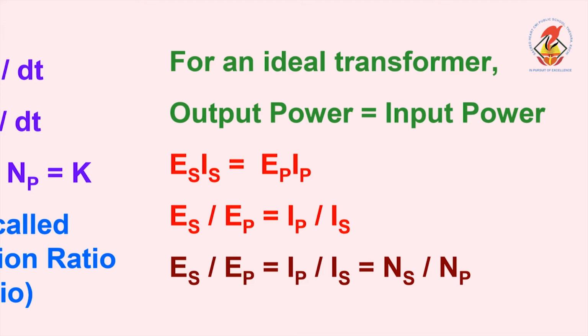So ES IS is equal to EP IP. Now what is ES by EP? IP by IS. Therefore I can write ES by EP is equal to IP by IS is equal to Ns by Np. You got my point, right?